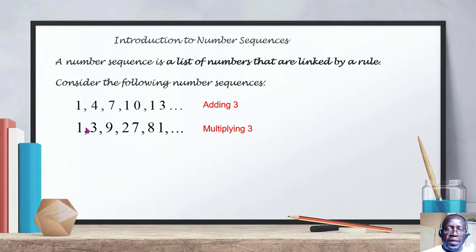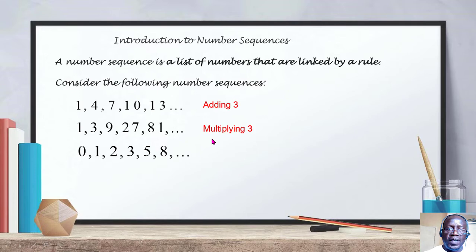The first number, 1, multiplied by 3 is 3. Then 3 multiplied by 3 is 9. 9 multiplied by 3 is 27. 27 multiplied by 3 is 81.